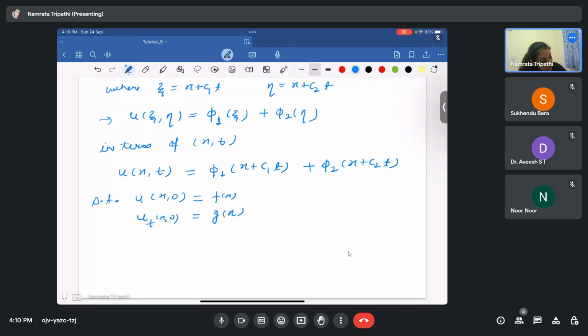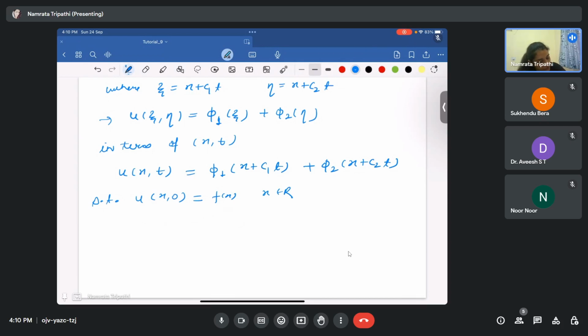Okay, now using this condition, let's say the second one we will write up later.